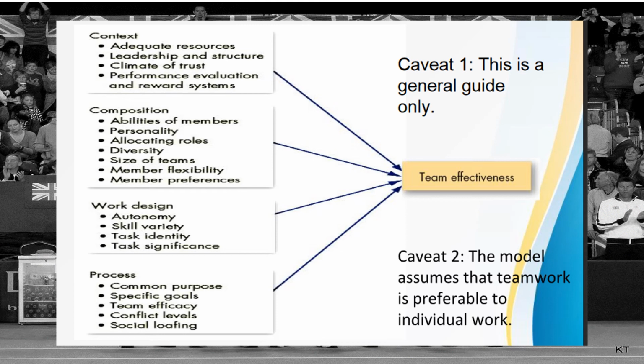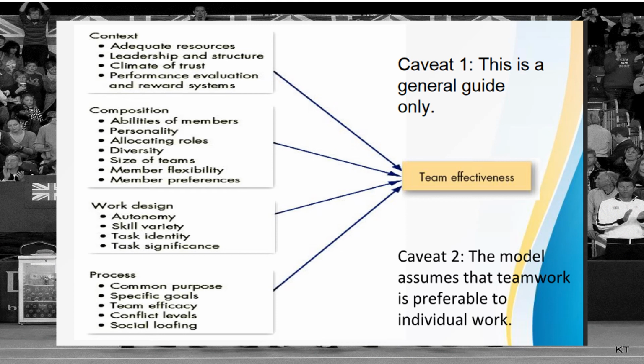Allocating roles, allocating the right roles to the right people so people are motivated. Diversity, do you have the right diversity of people in that team? Size of the teams, too small may not work, too big may take too long. You need the right size of people in that team to achieve your objectives.